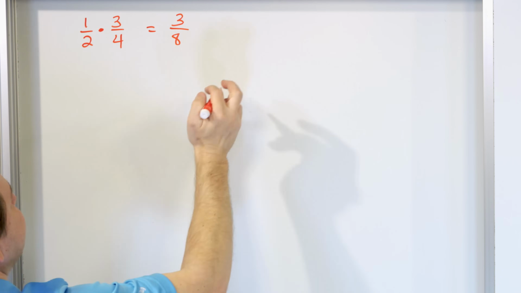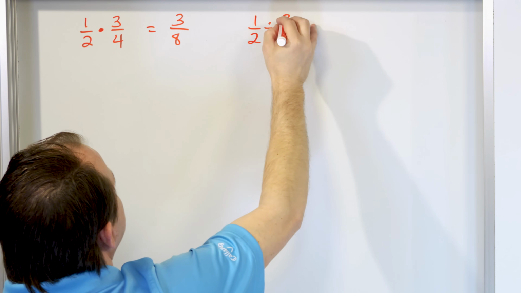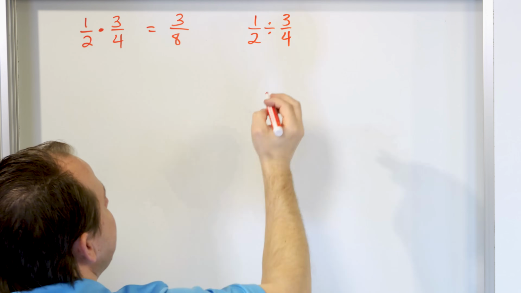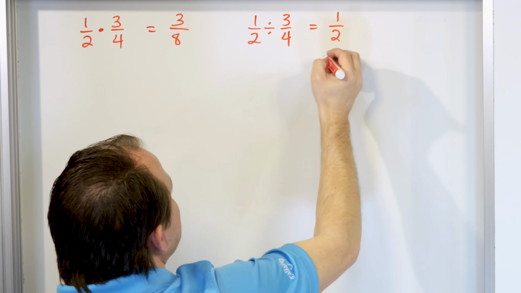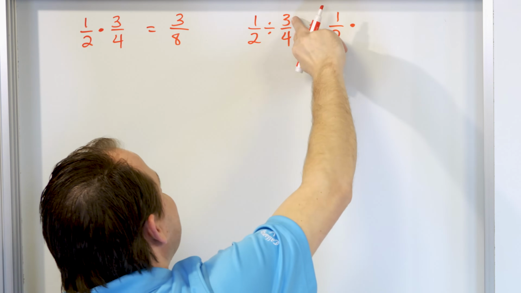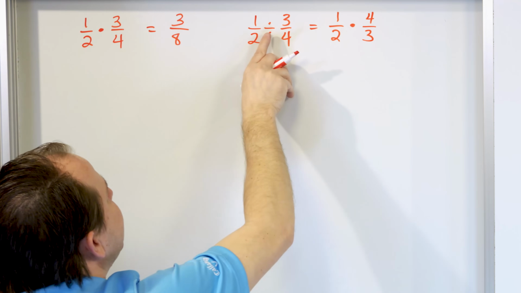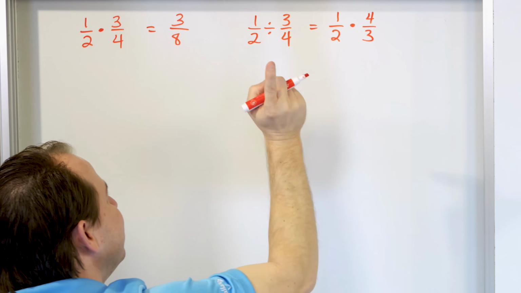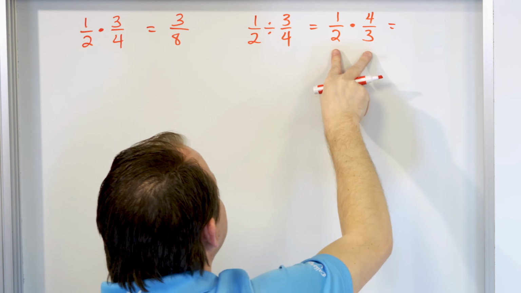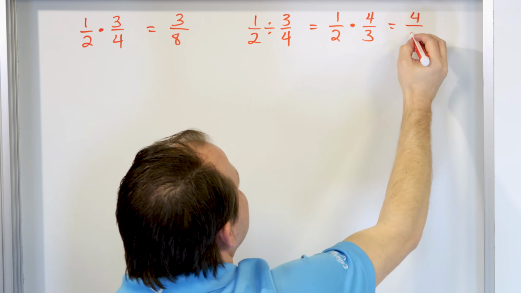Now moving along, how do you divide fractions? What if you had 1/2 divided by 3/4? How do you do that? If you remember back when we talked about regular fractions, the way you do it is you take the first thing, you leave it alone, but you change this division into multiplication, and when you do that, you take the second item and you flip it upside down, make it a reciprocal, 4/3. So this division turns into multiplication, but when you do that, you have to take the reciprocal of the second fraction, and now you know how to multiply fractions because we just reviewed it. 1 times 4 is 4, and 2 times 3 is 6.